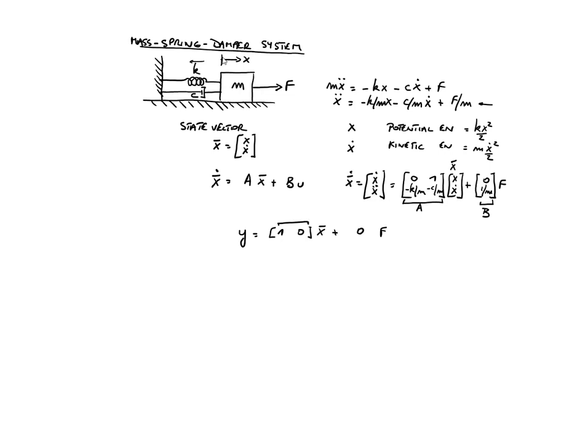So that's my C matrix, and this is my D matrix. This is under the assumption that x is measured. Remember that the second state is x dot, so we see here indeed that y is equal to x.